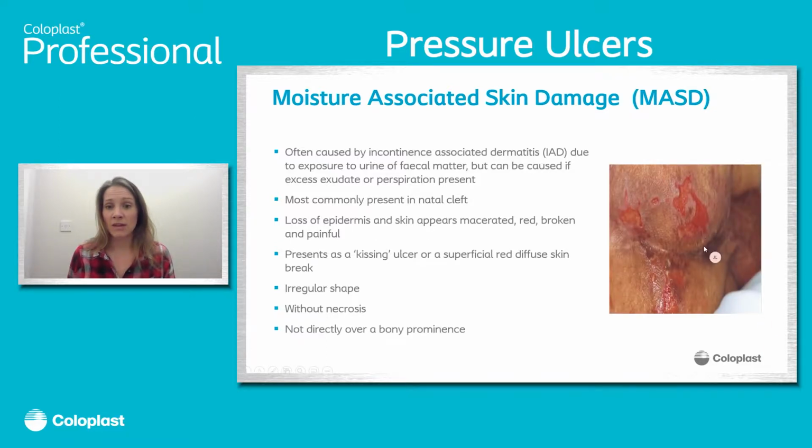Really good image here, and you can see just the irregular shape. Again, it's on somebody's buttocks, but you can see the irregularity of the shape. There's no defined area over a bony prominence, and you can see some maceration at the edges of this part, and actually it looks quite wet to look at this area.